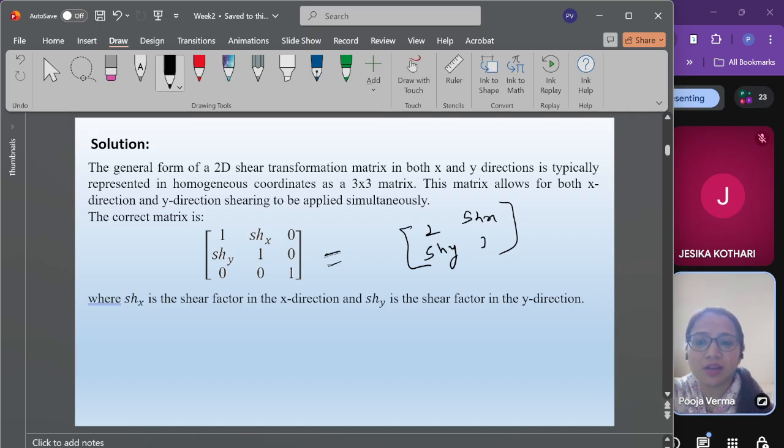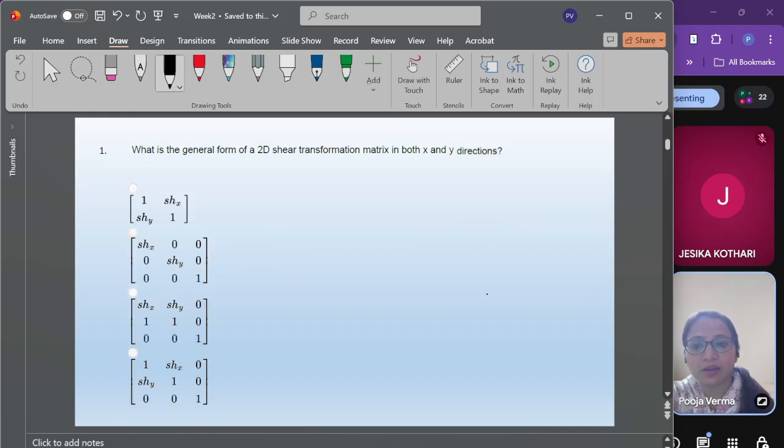So this is the correct matrix for the 2D shear transformation in both directions x and y. Here SHX is the shear factor in the x direction and SHY is the shear factor in the y direction. Option D is the correct answer for this question.